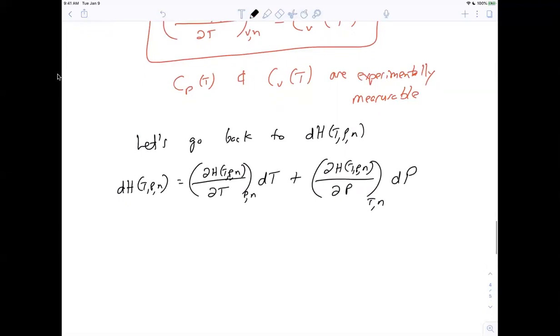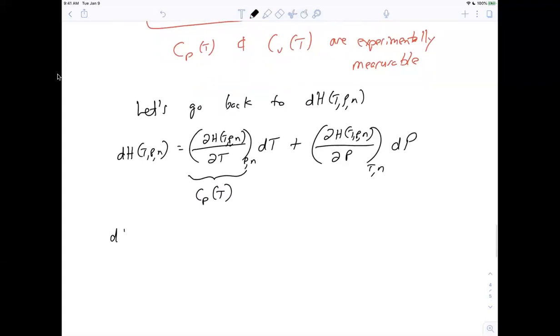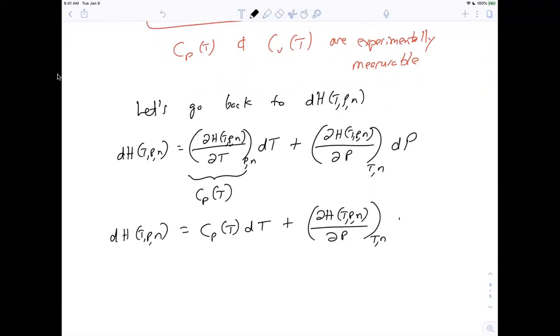We just saw that the first partial is equal to Cp of T. So we can write that dH is equal to Cp of T dT plus the partial of H with respect to pressure at T and N times dP.